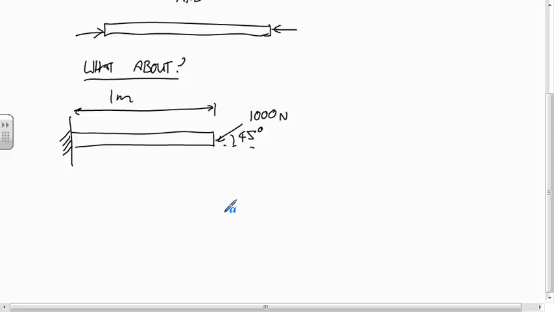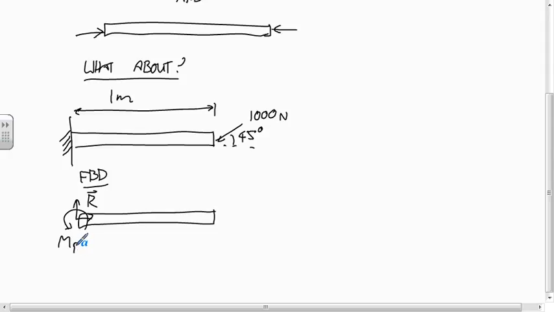If you draw the free body diagram of the whole member, the fixed joint at the wall means that you have an unknown force vector, R, and an unknown couple, MR. And over here, I'll write this in components: negative 707.1, negative 707.1. Okay, so there's the free body diagram.